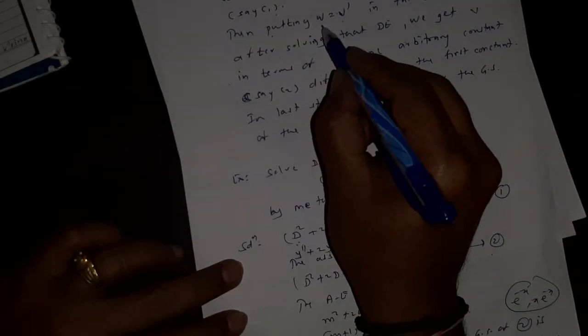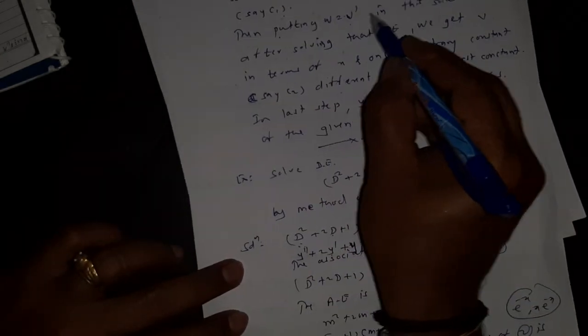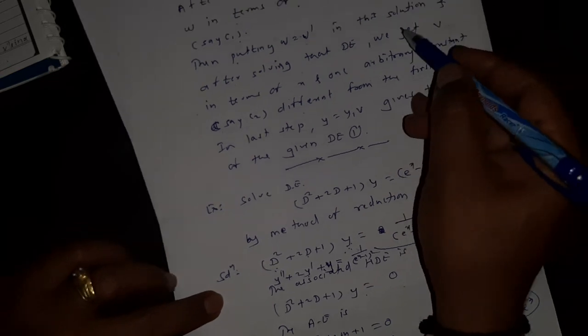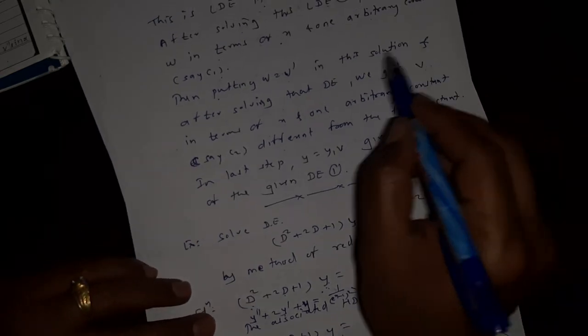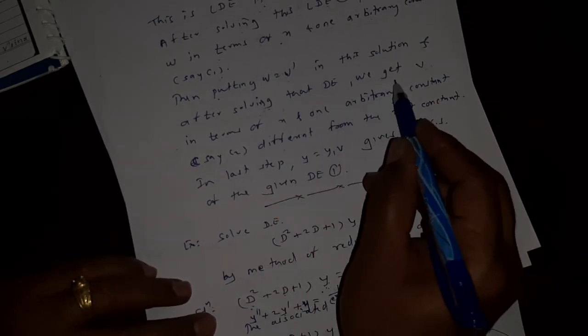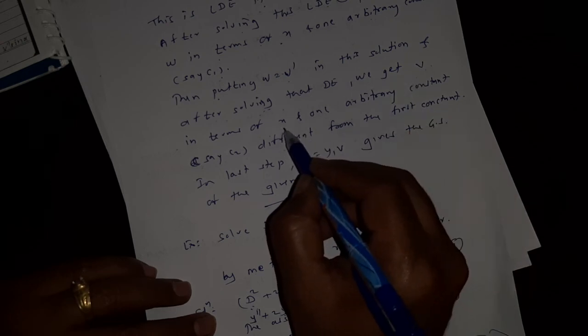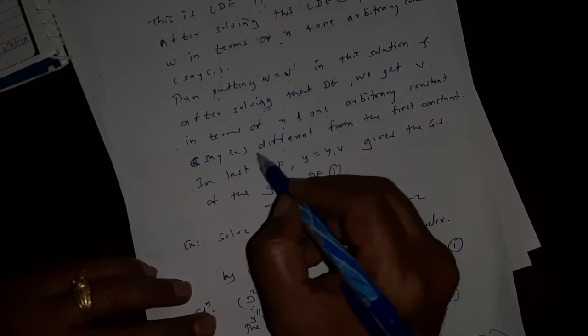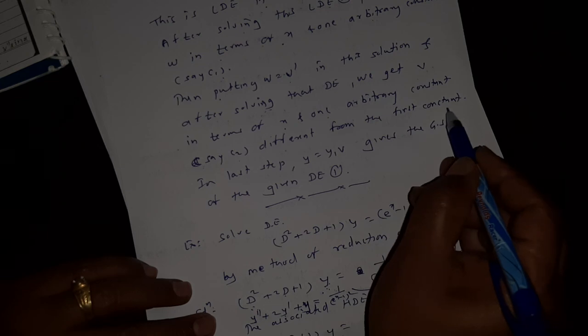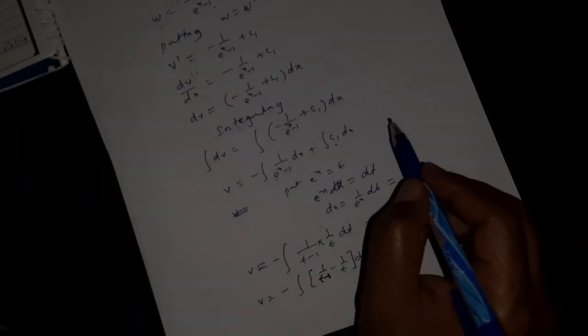So here is the step. Putting w is equal to v dash in this solution, and after solving the differential equation, what do we get? v in terms of x and one arbitrary constant, say c2, different from the first constant.